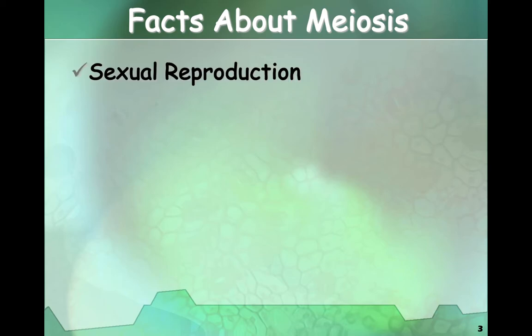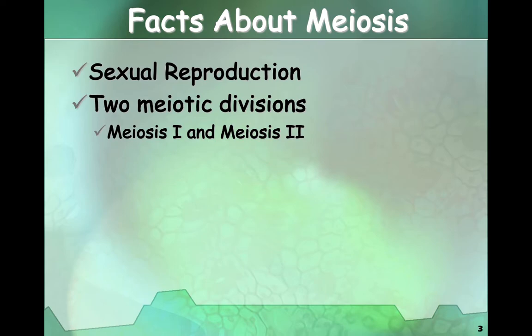So, some facts about meiosis. Meiosis is for sexual reproduction, whereas mitosis was for asexual. Meiosis has two stages of division. Whenever we talked about mitosis, it had prophase, metaphase, anaphase, and telophase. Well, that's only one stage of division. This will actually go through division twice. So it's going to have prophase, metaphase, anaphase, telophase, and then it's going to do it again.